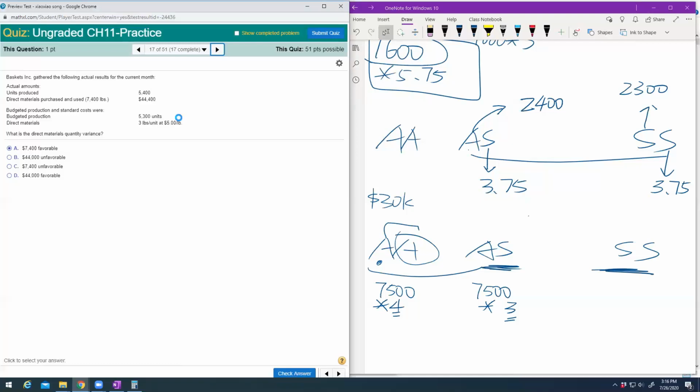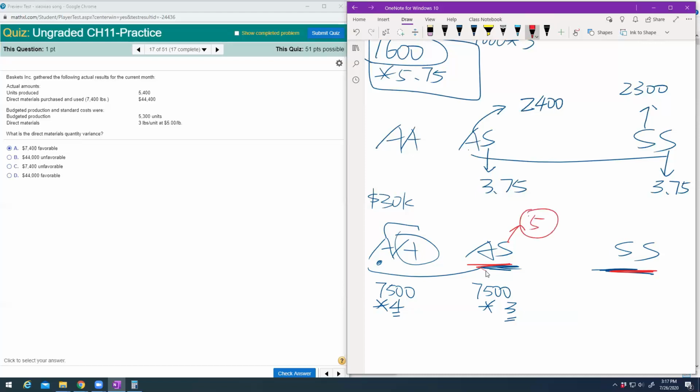Let's look at question 17. It's asking about the quantity variance, right? We said quantity variance is actual and standard. The standard cost is $5 per pound.